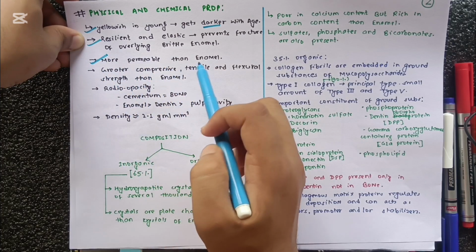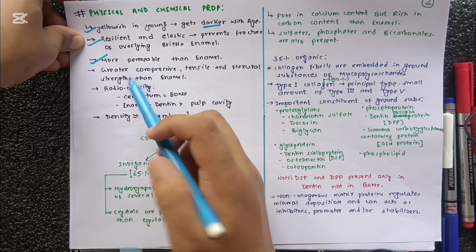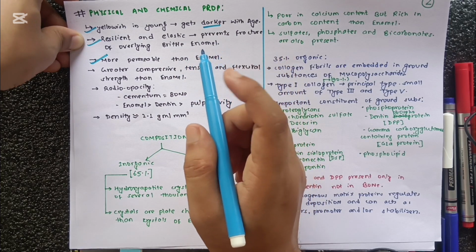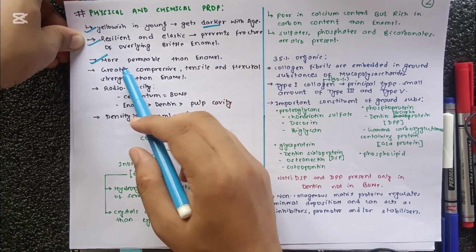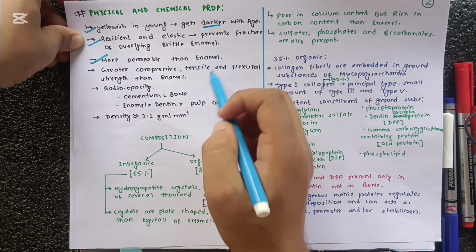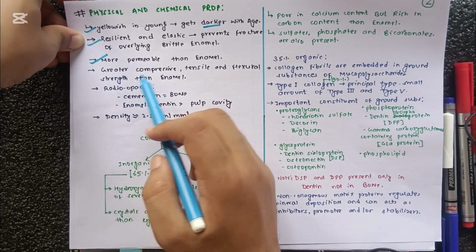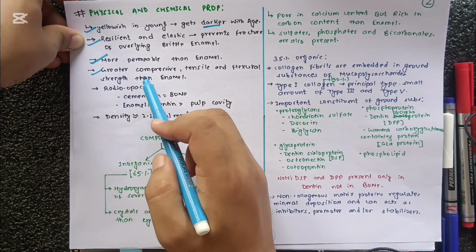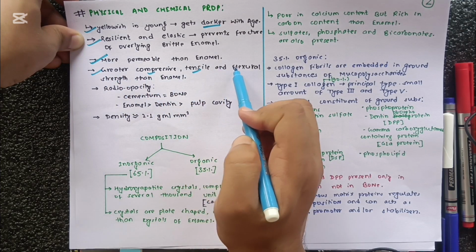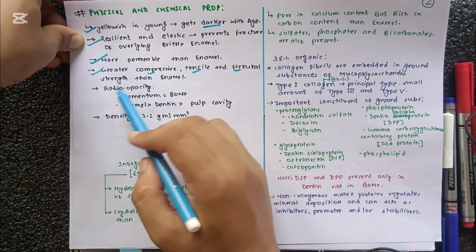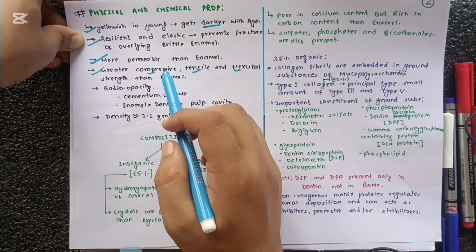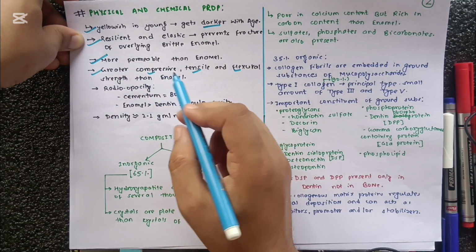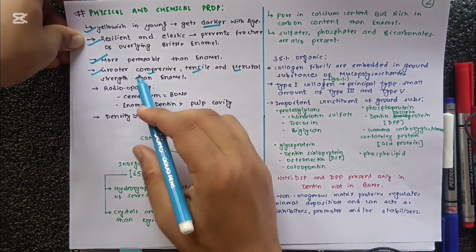As I discussed in my enamel video, enamel was semi-permeable, and dentin is quite a bit more permeable. It also has greater compressive, tensile and flexural strength than the enamel. All three types of strength are greater in dentin than in enamel, so you should remember this also.